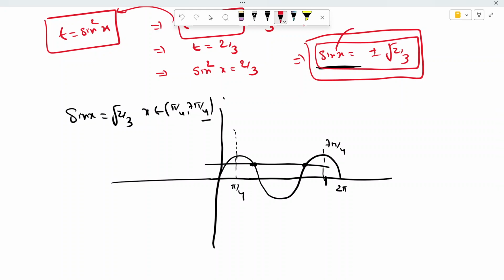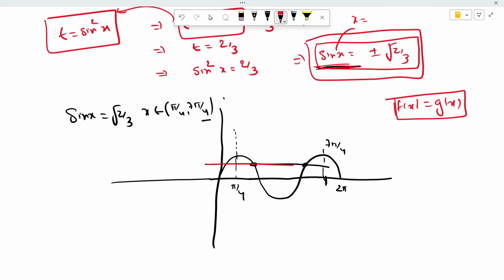But the question is asking for what x we get this sin x. Now we know that if f(x) is equal to g(x), we can plot the graph, and the number of points of intersection will give the solutions. We know the graph of sin x and the graph of the constant root 2 by 3.